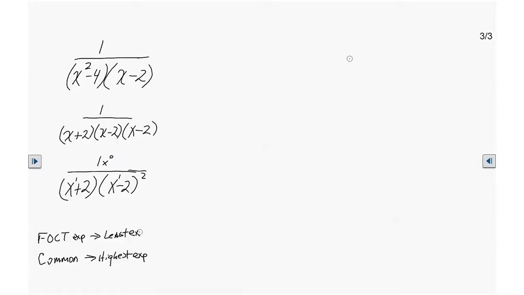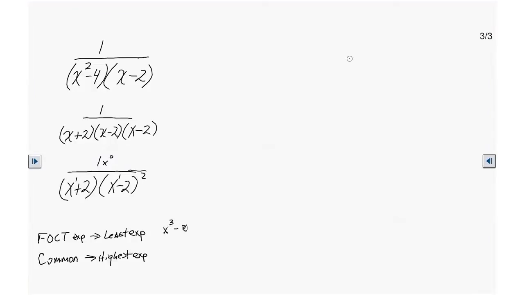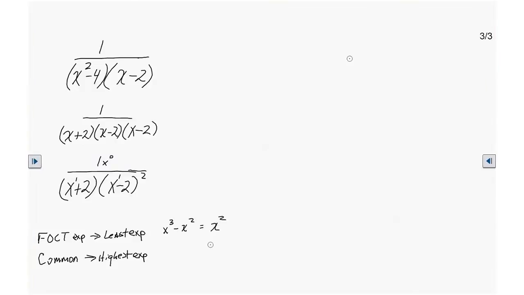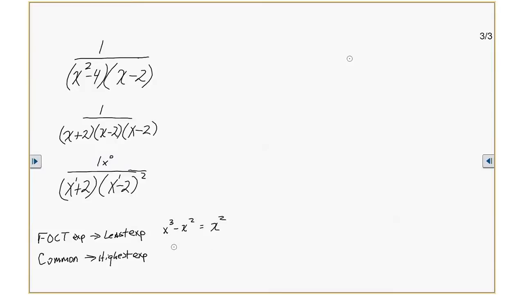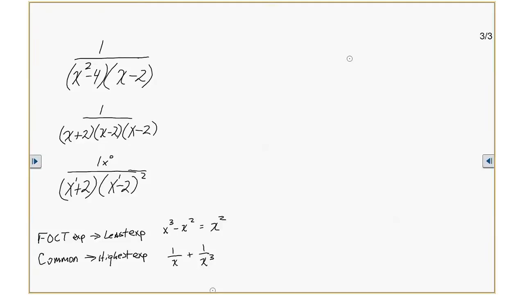And just so you remember, if I have x to the third minus x squared, and I want to factor out something, what am I going to factor out? X squared, because it's the lowest what? Exponent. But if I want to find something in common, if I have 1 over x plus 1 over x cubed, what do I go with there? X cubed. So you've got to work your way up to the highest exponent.